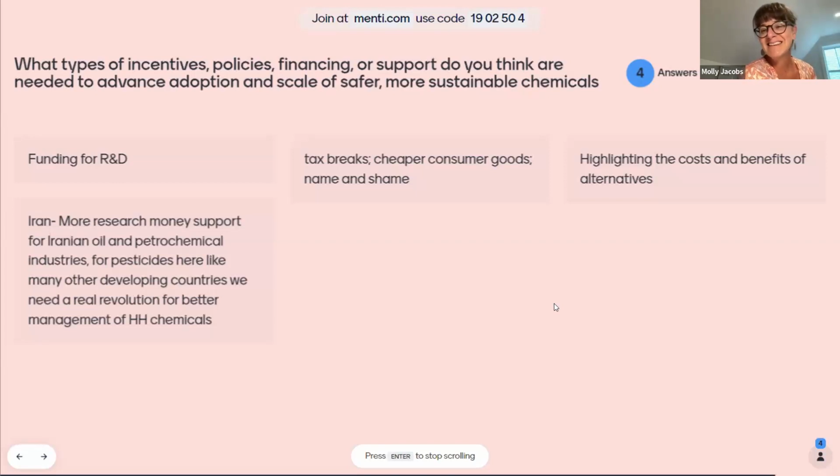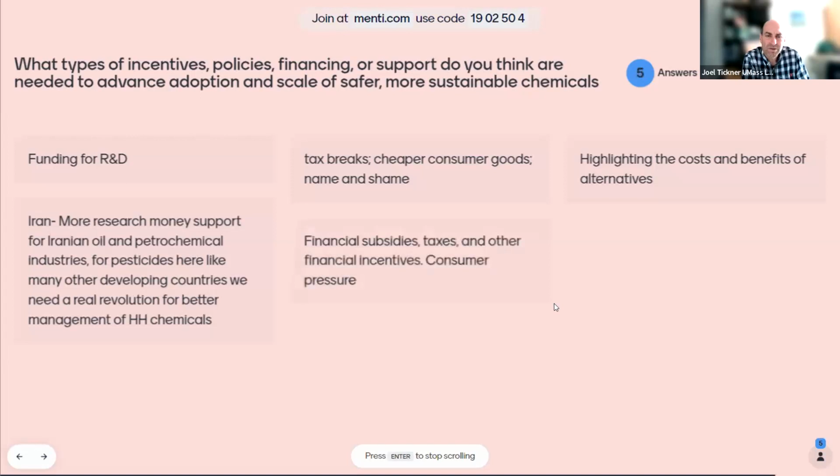The bonus-malus, as you mentioned earlier, falls into this category. There's highlighting the costs, right? Getting data on the real costs of these impacts to economies, because often we don't understand those full costs.